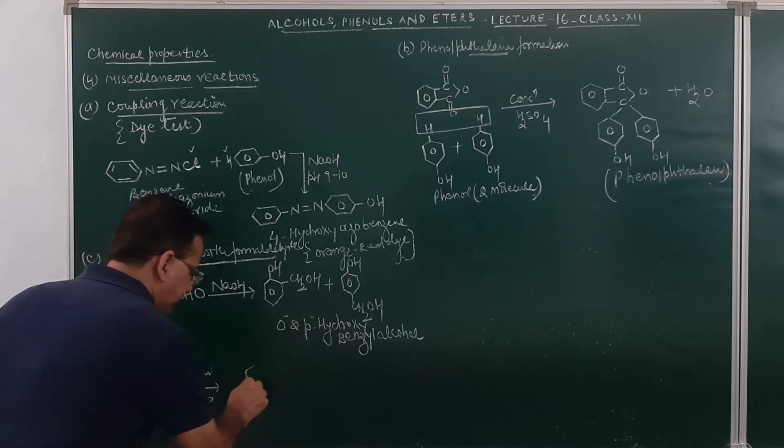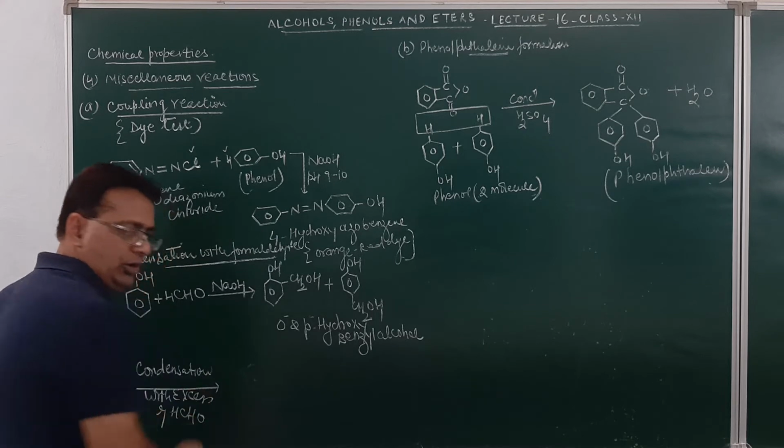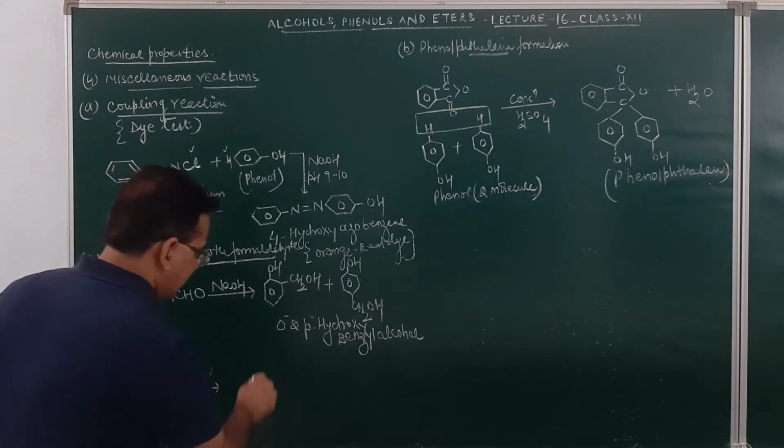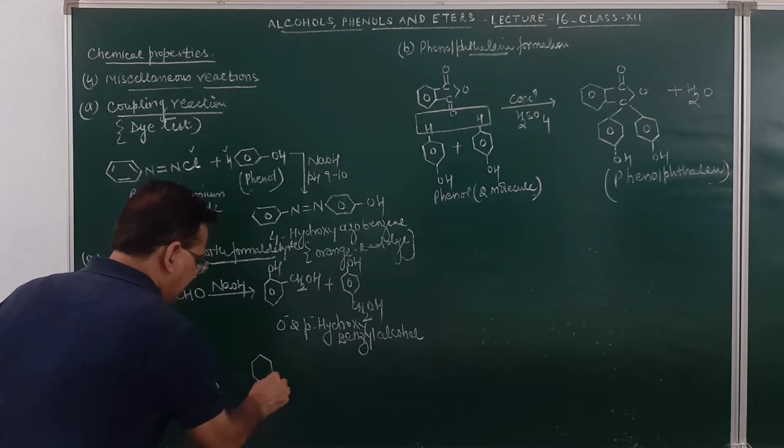How do we make that structure? It results in the formation of a cross-linked polymer which is known as bakelite. So this will be a bakelite structure.